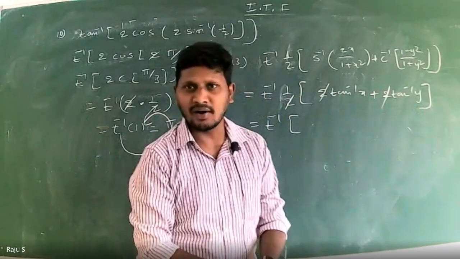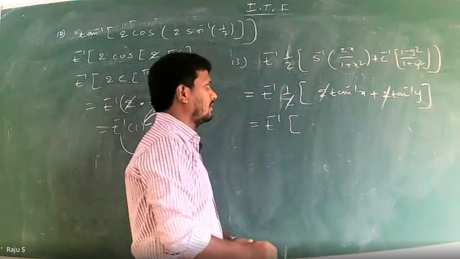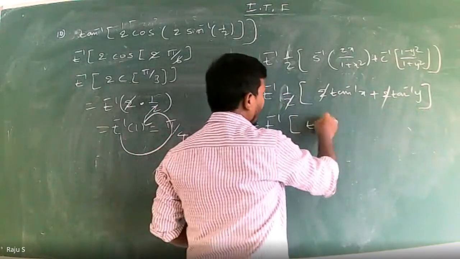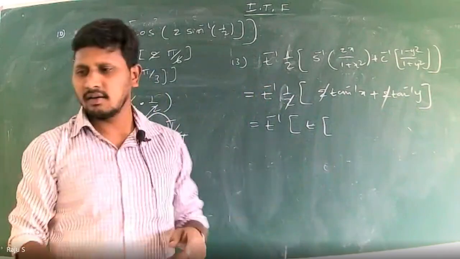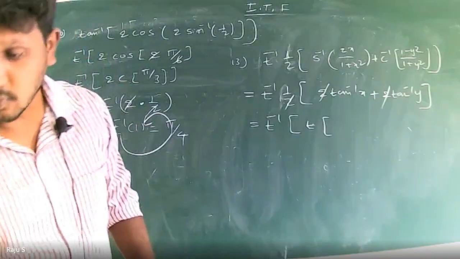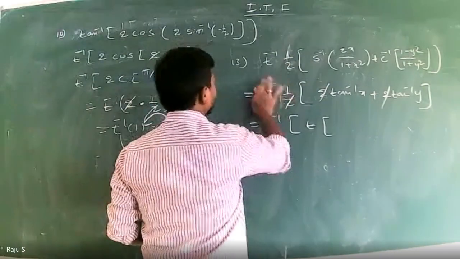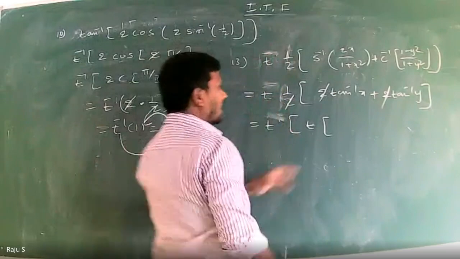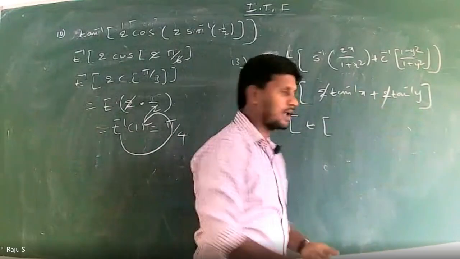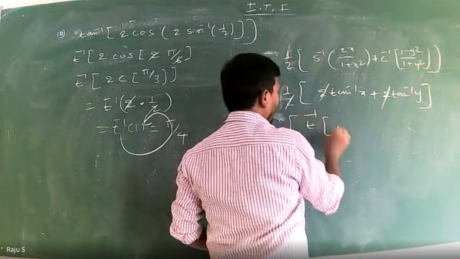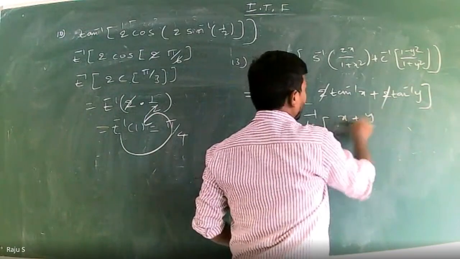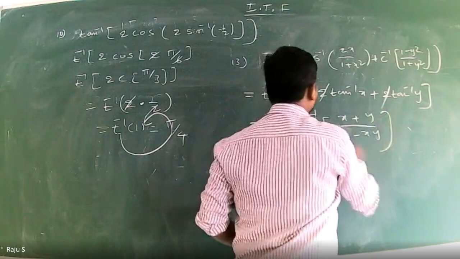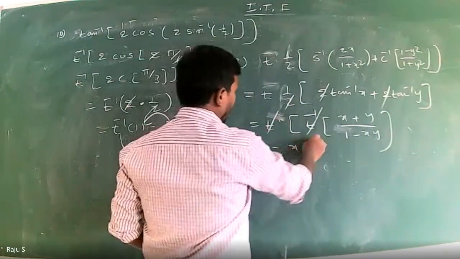I already gave the formula again: tan inverse x plus tan inverse y is tan inverse of x plus y by 1 minus xy. Tan a plus b is tan a plus tan b by 1 minus tan a tan b.